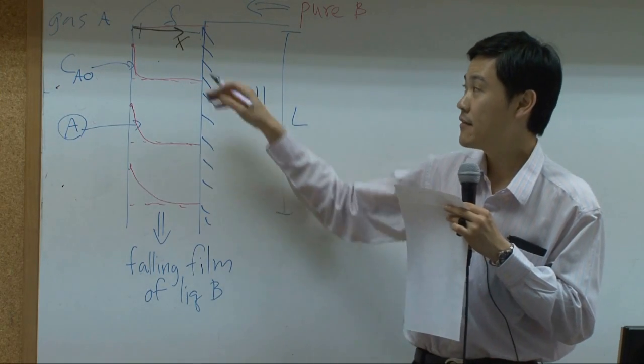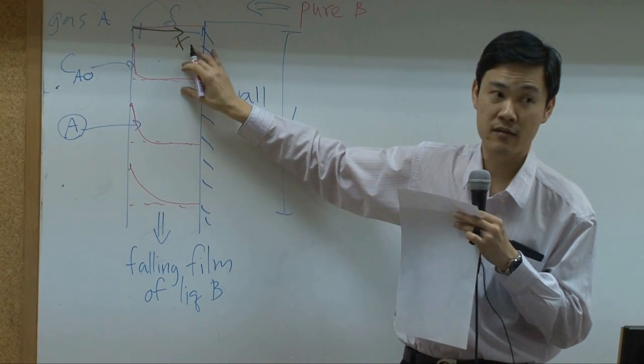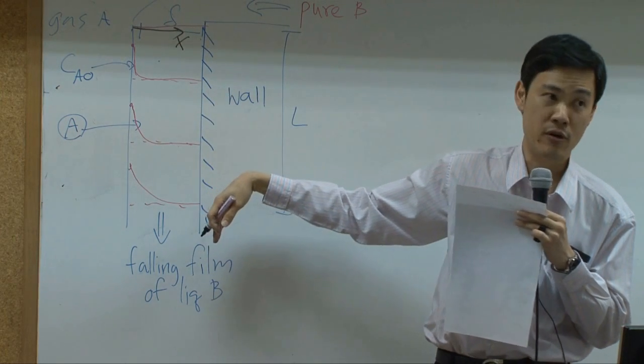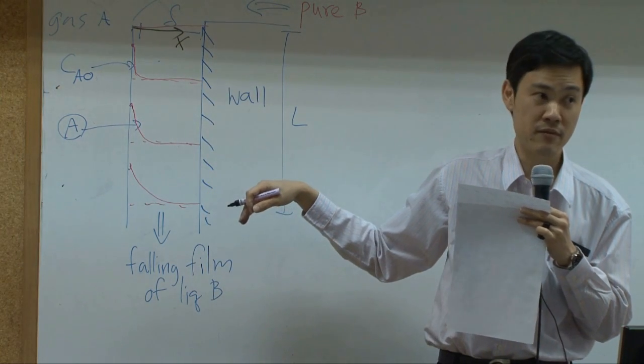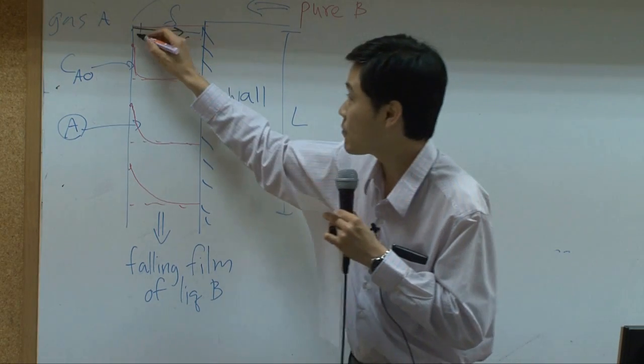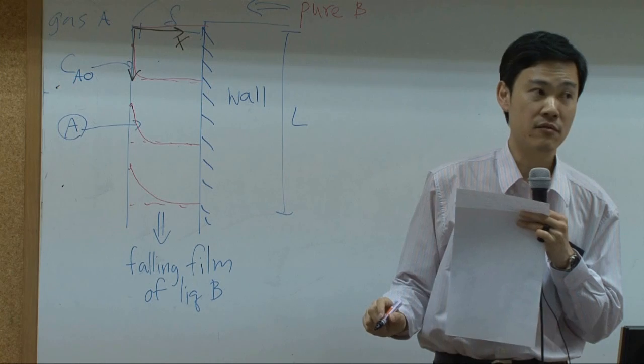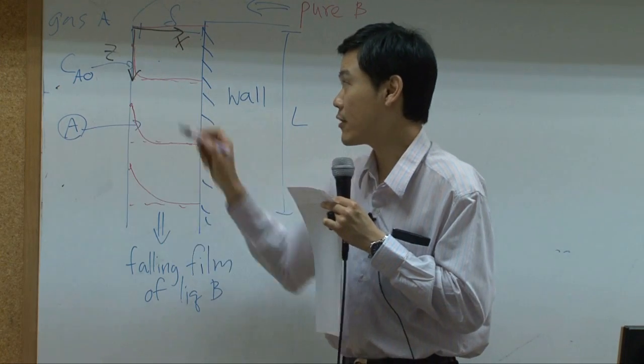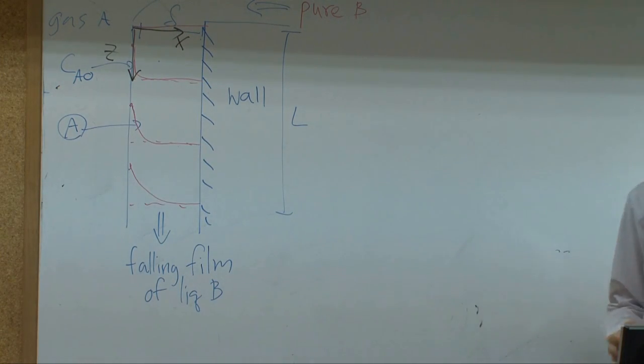On the other hand, when A is dissolved into liquid, the liquid itself is flowing downward. So A is swept with the current of liquid B. So A is supposed to go downward as well. Let's call this downward direction Z. So in this particular problem, you have two directions of mass transport.